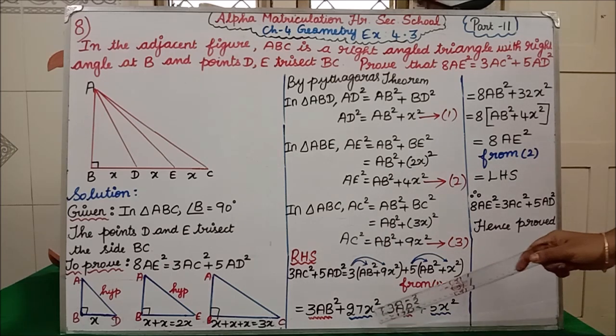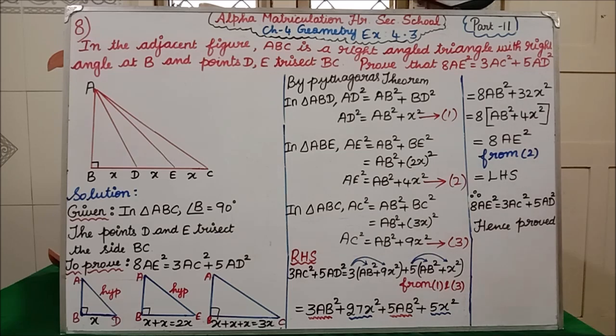Here we are having x square, here also x square. See that I have marked in different colors. Red, here blue, which means the red part you have to add, because there also we are having AB square. Clear? Now if you add 3 plus 5, what will we get? 8AB square. 27 plus 5 if you add, we will get 32x square.